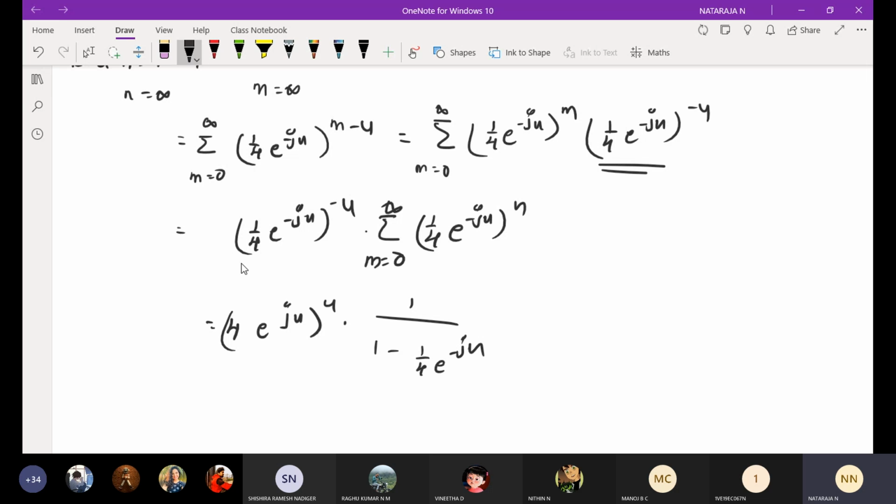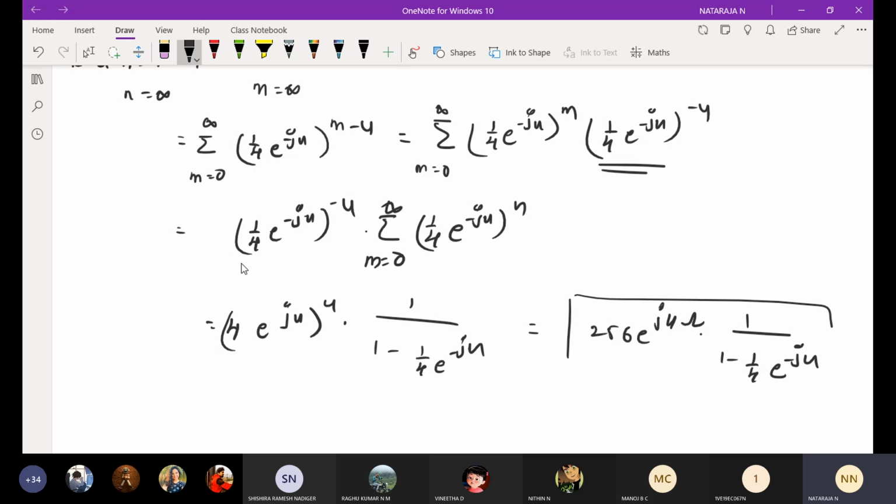If I simplify this, or else you can keep it the same value, you will get 256 e power j 4 omega into 1 by 1 minus 1/4 e power minus j omega. This is my final answer.